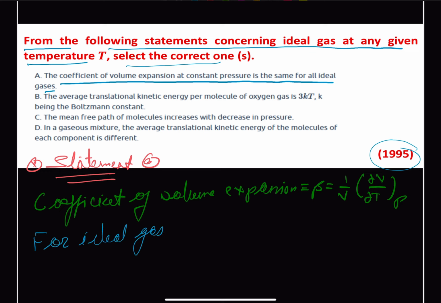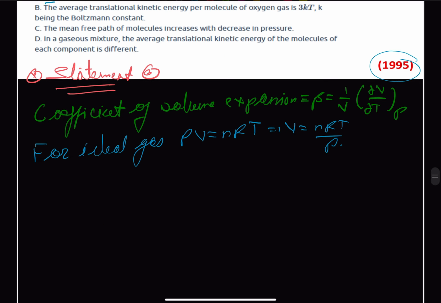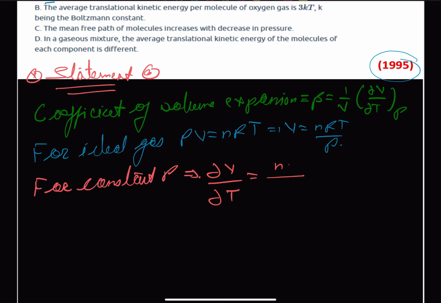From here we can say that volume is equal to nRT upon P, and for constant pressure we take the partial derivative, and we get the partial derivative of volume with respect to temperature T equal to nR upon P. Therefore, beta will be equal to 1 upon V times nR upon P.